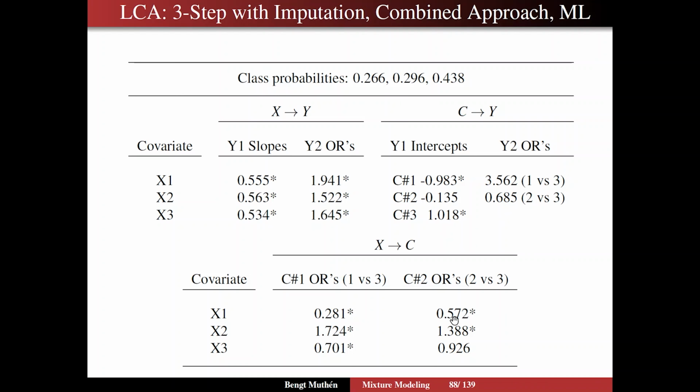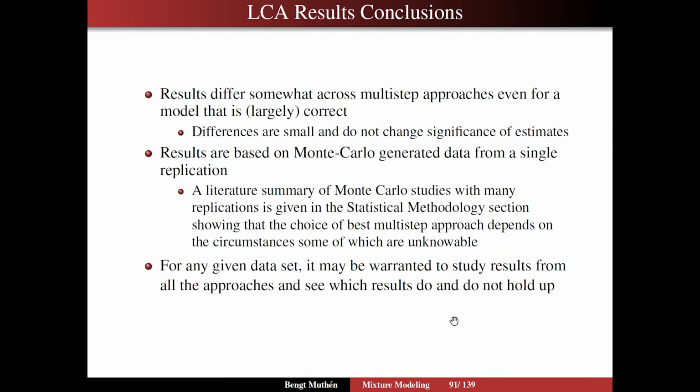But by and large, one could say on slide 91 that the results differ somewhat across multi-step approaches, even for a model that is what I call largely correct. We don't specify the missing data mechanism exactly correctly when we just correlate the y's, correlate the x's rather, bring them into the model, or do the multiple imputation.